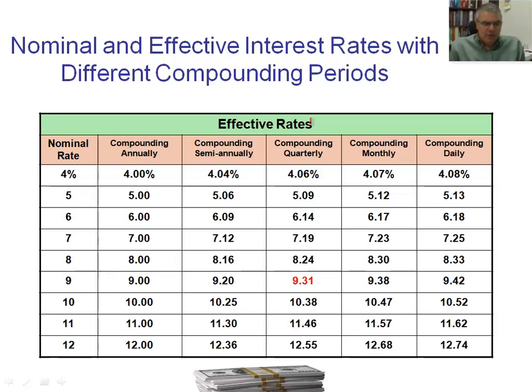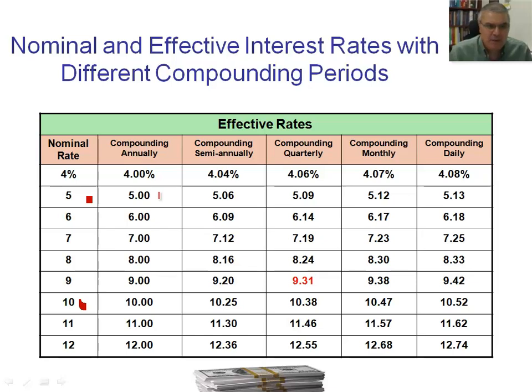I would like to bring your attention to this table that I provided here. It's the nominal and effective interest rates with different compounding periods. It's shown here as a matter of comparison. Let's take a look at 5% and 10%. We can start with 5%. If it's compounded annually, it's going to be 5%.